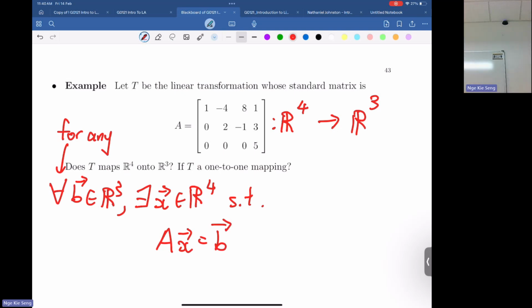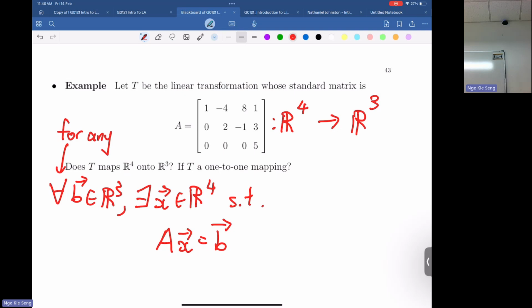This is the meaning of onto. Everything inside your codomain must have at least one pre-image. Familiar or not? It asks about the consistency of your linear equation.